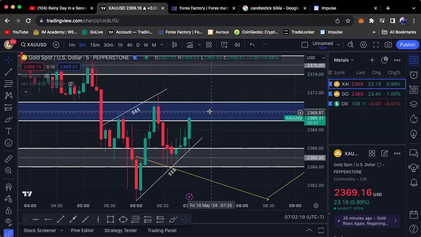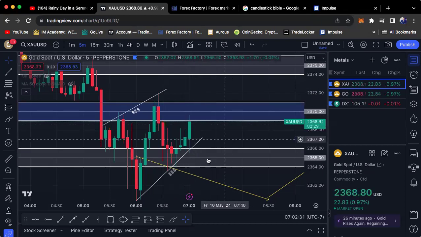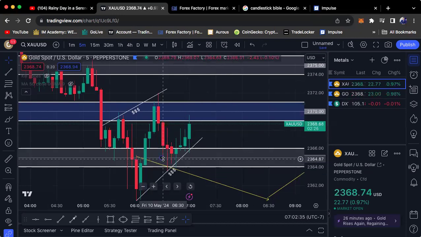It's touching this area of interest. I don't trade between these zones. I'm waiting for the break of structure.